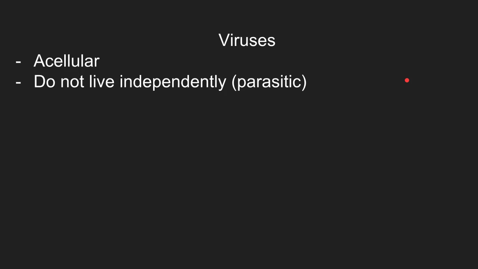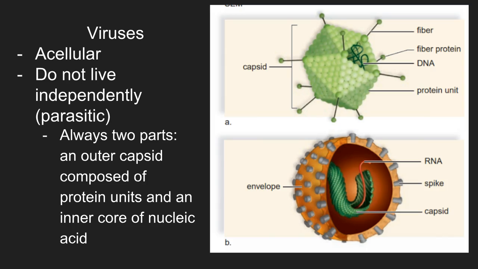So viruses are these acellular things which do not live independently. They live parasitically. They have a parasitic relationship with other organisms. Viruses are very diverse, but despite all of their diversity, they always have these two basic parts. They have an outer capsid, which is composed of protein, and an inner core of nucleic acid.